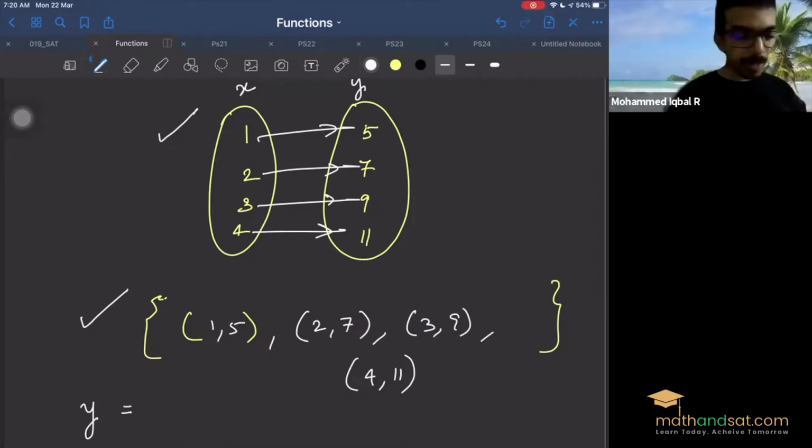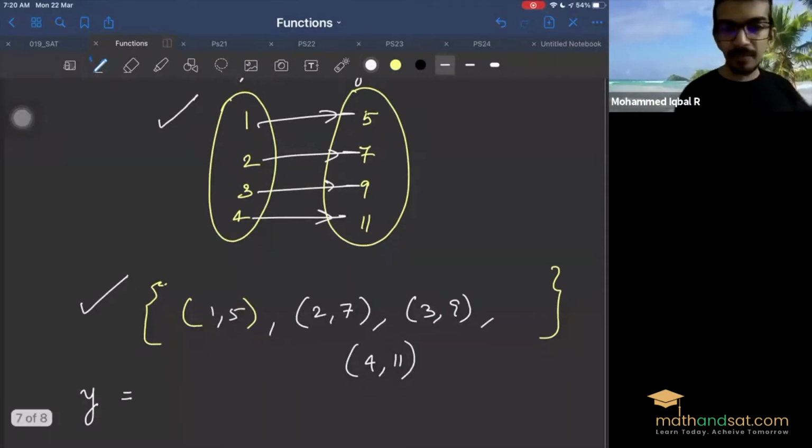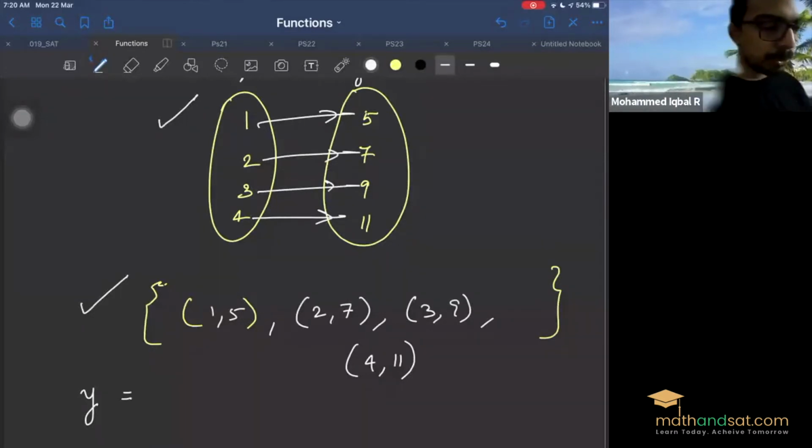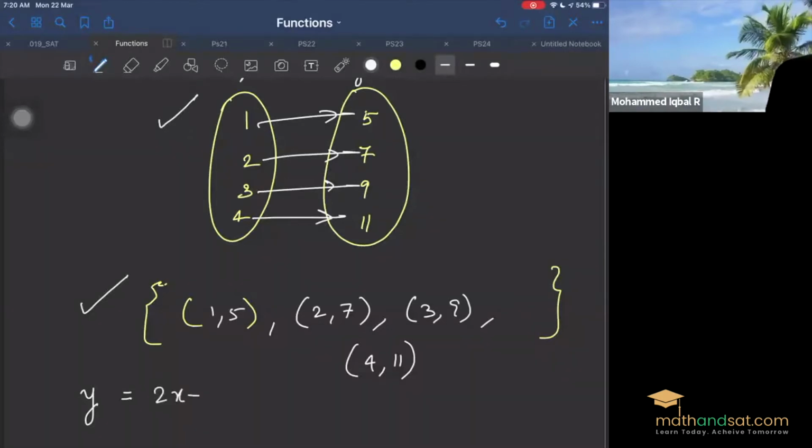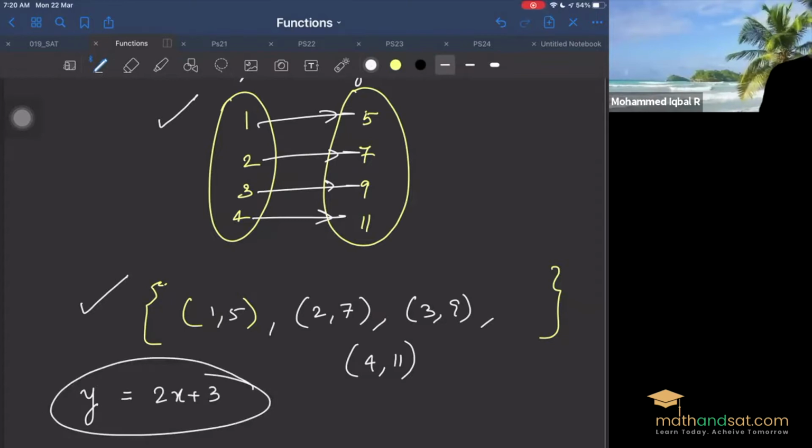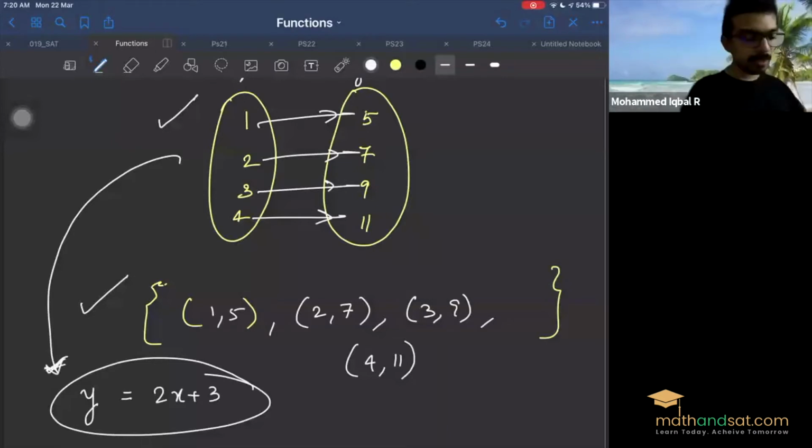For the time being, I'm going to do a mental calculation and write that expression. You have to verify whether it matches. I'm just going to write it directly. Y will be 2x plus 3. Can you check these numbers and tell me if I'm right? When x is equal to 1, is your y value 5?